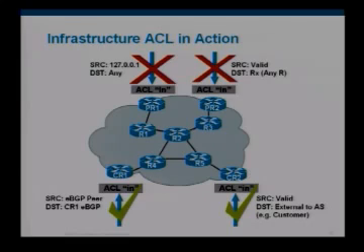Another example, let's say any valid source, valid, not spoofed, not any bad packet, but any valid source trying to talk to any destination or any router, R3, R2, R1, should the IACL allow it? No. Because why is that guy trying to send an OSPF packet to my R1?